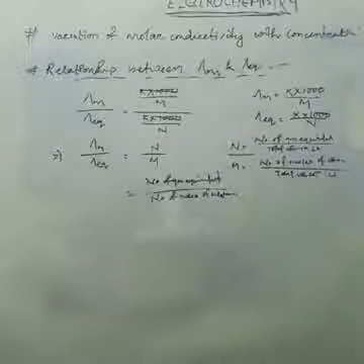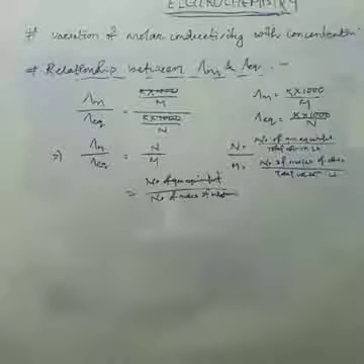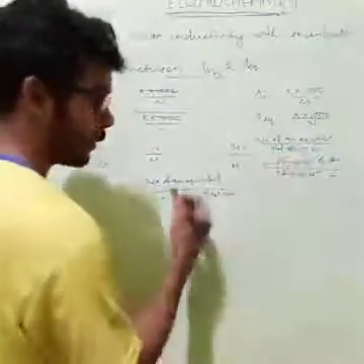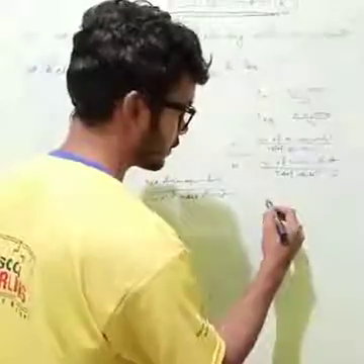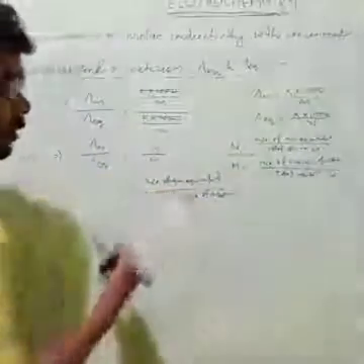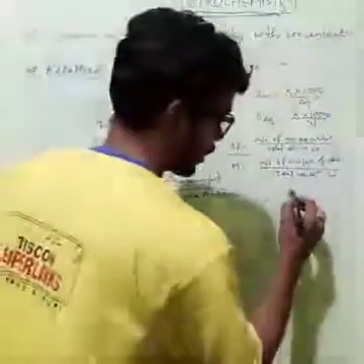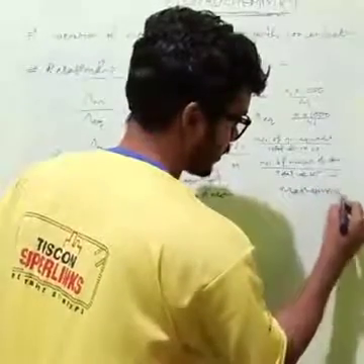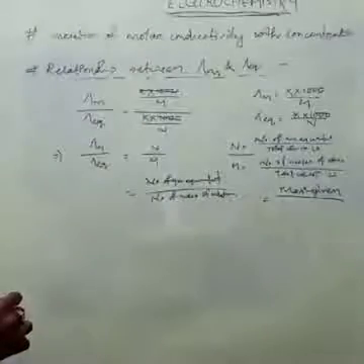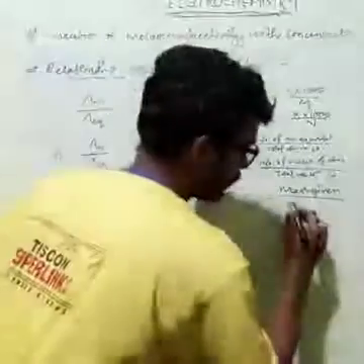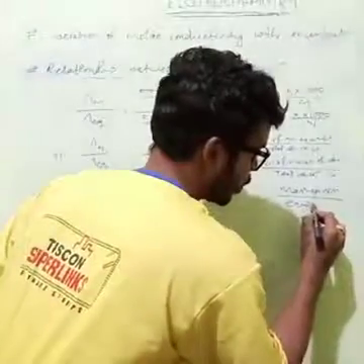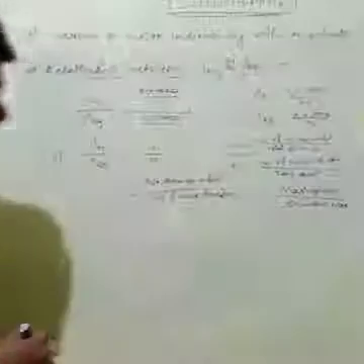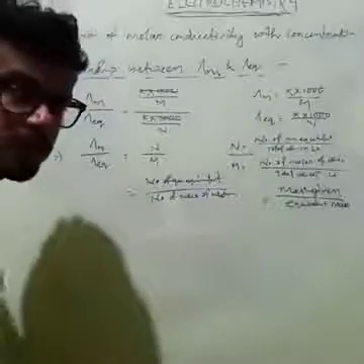So how will you calculate the number of gram equivalents? Number of gram equivalents is equal to given mass divided by equivalent mass. And how will you calculate the number of moles of any substance?